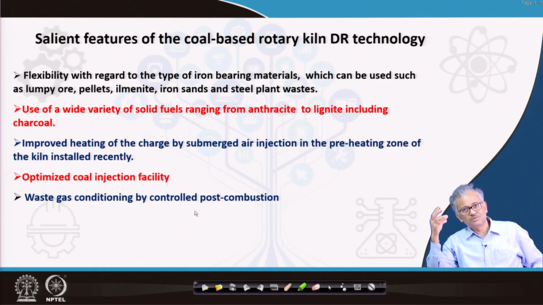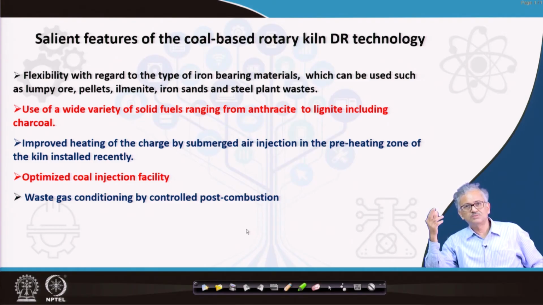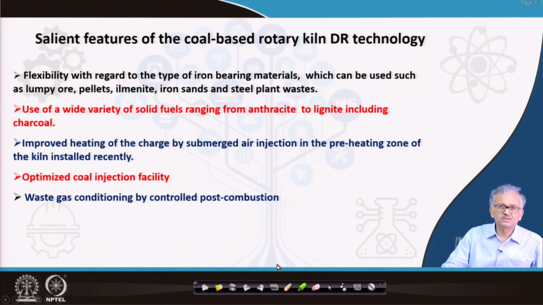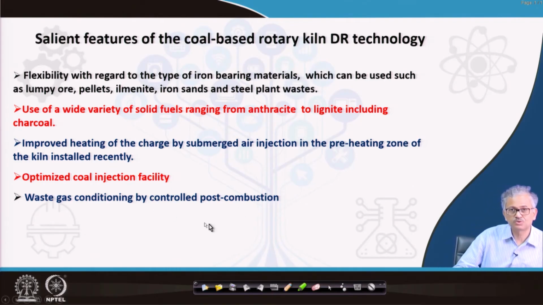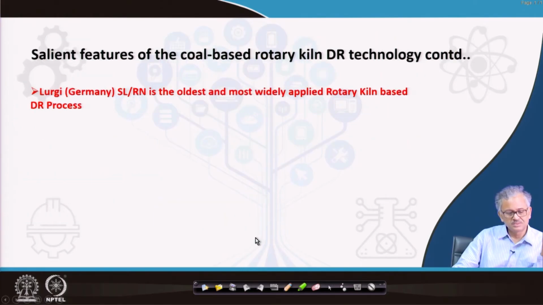Now the waste gas conditioning is that whatever waste gas is coming, if you are using it for power generation, then you know the requirement of CO in the waste gas. To maintain that CO requirement, you can control the post combustion. You may not do too much post combustion. If the CO requirement for power generation is less in the waste gas, you can do less post combustion, and if it is more, you can do more. So you can do waste gas conditioning by controlled post combustion operation.